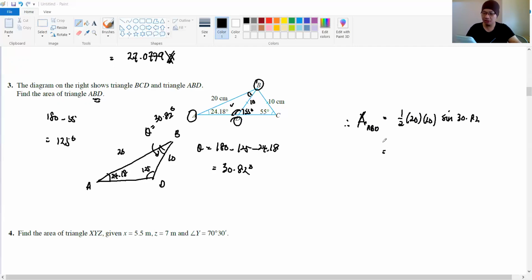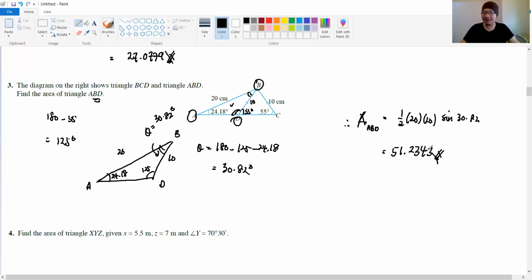So compute 0.5 times 20 times 10 times sine 30.82. The answer is 51 point something. Let me round off to 4 decimal places. The answer will be 51.2343. This is my answer.